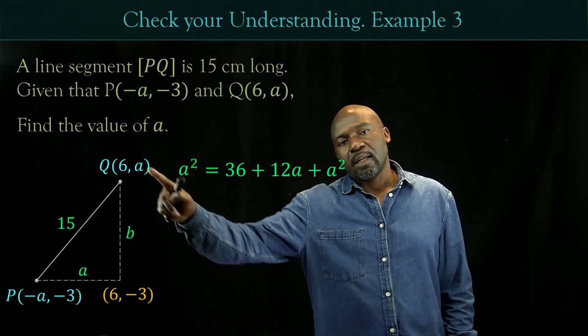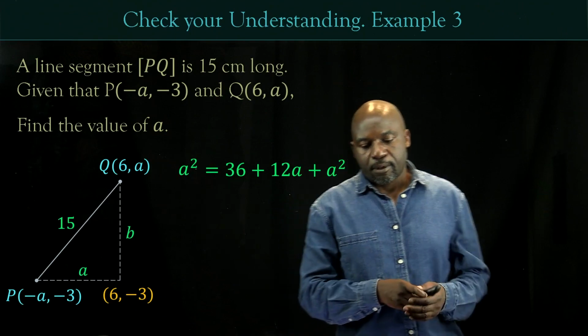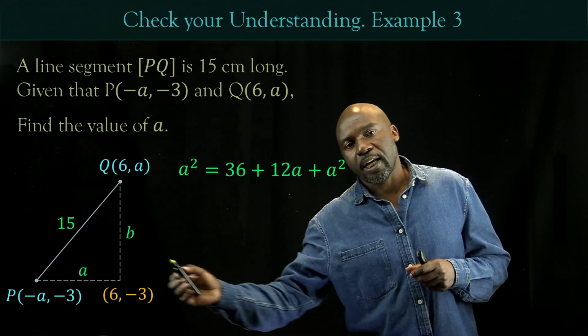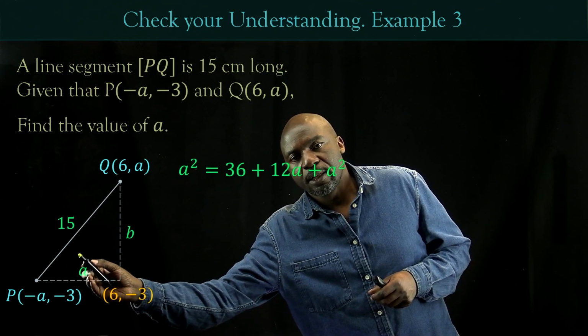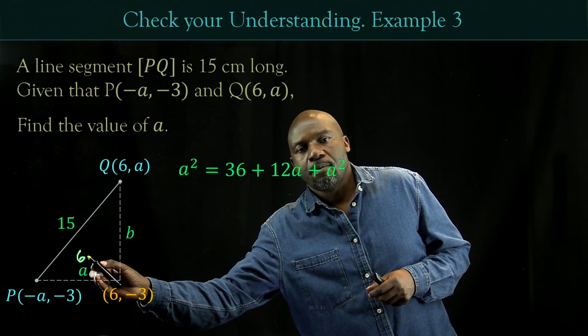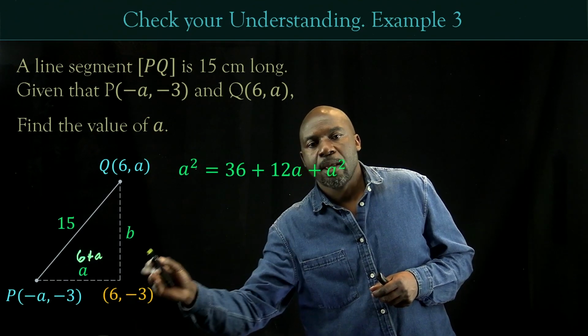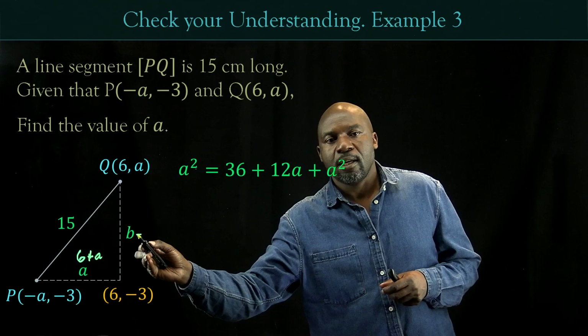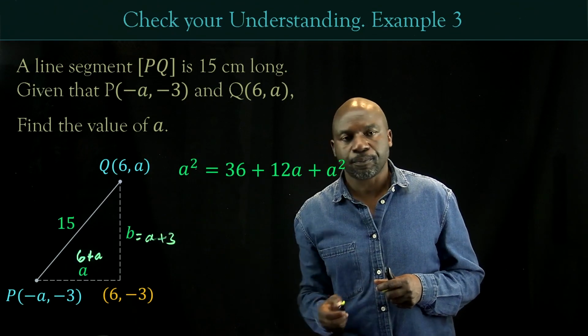So we said the value of A here was 6 plus A, and the value of B here is A plus 3.